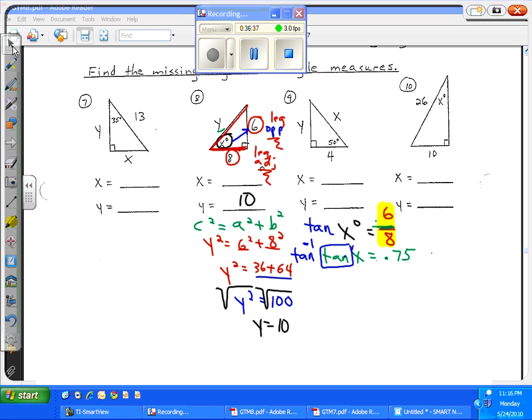We undo multiplication by the inverse of multiplication, division. We undo subtraction by the inverse of subtraction, addition. We undo tangent with the inverse of tangent. It's not a times. We undo the tangent with the inverse tangent.